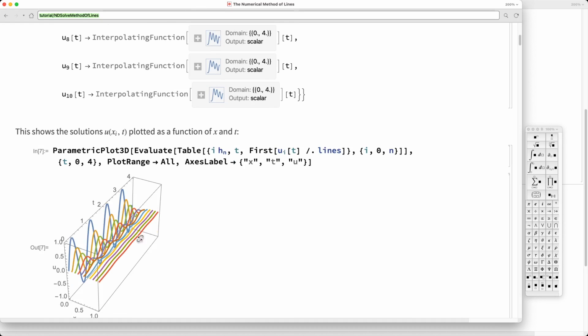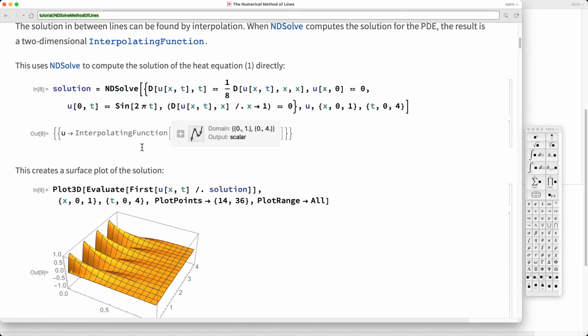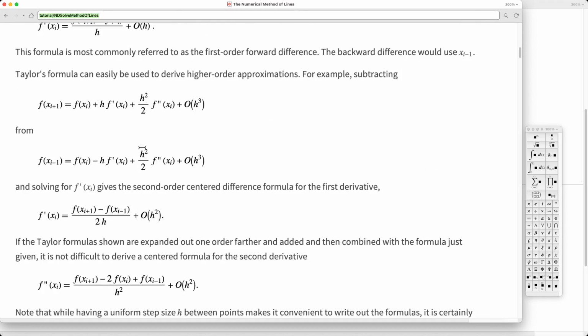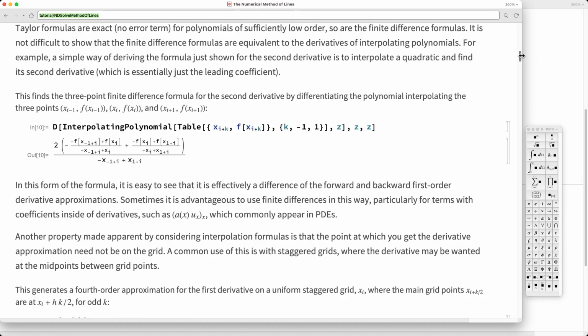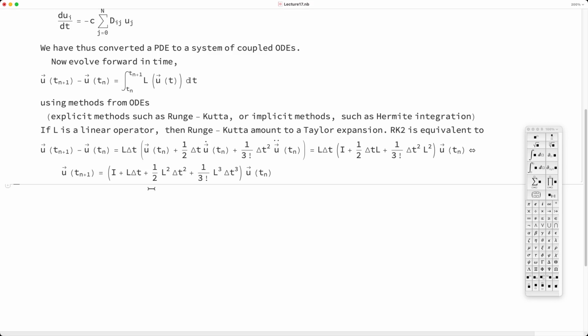The solution is plotted here as a function of time and for each grid point, and you can see that for each grid point you get one solution or one line. So this is why this is called the method of lines. There's a lot of very useful information here in this tutorial. I highly recommend going through it, and we will use a lot of these commands in what follows.